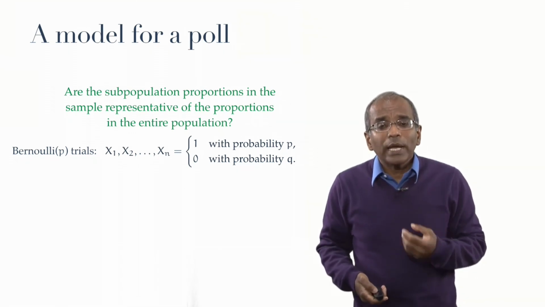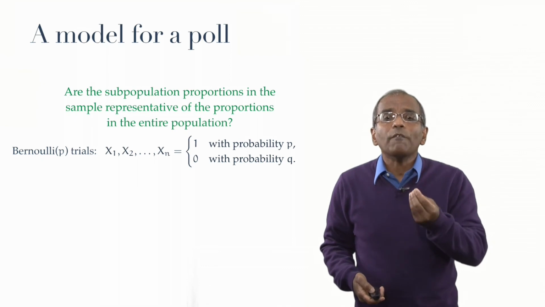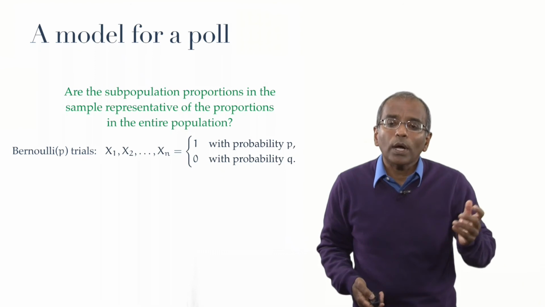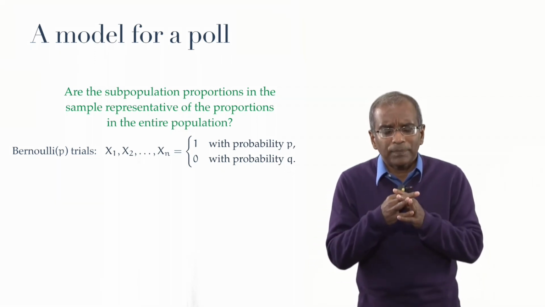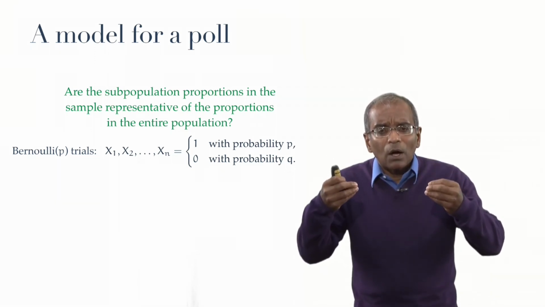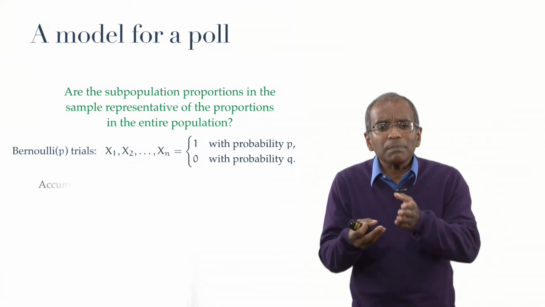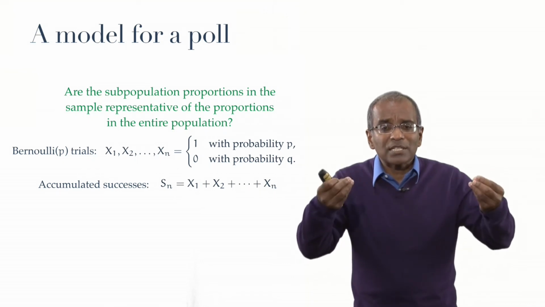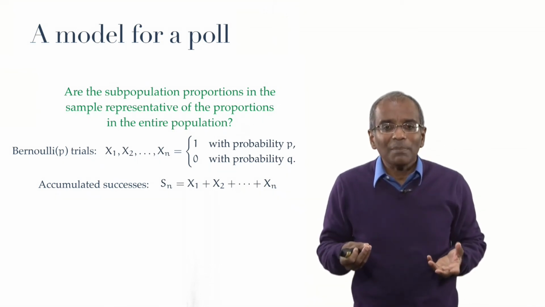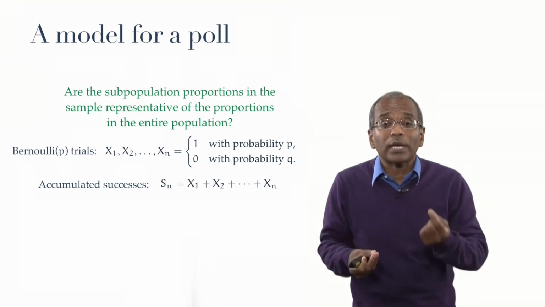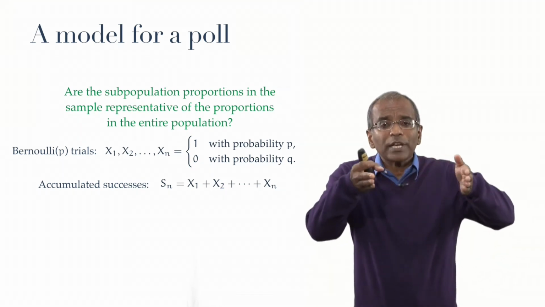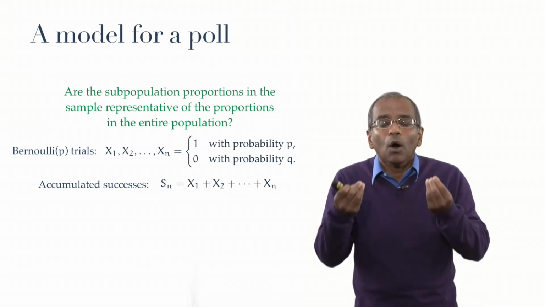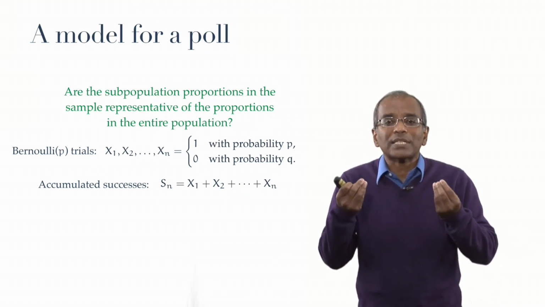Out of this, we abstract first the number of elements in the poll, in the sample, of type 1. Let's give it a name. The number of elements of type 1 can be obtained by simply adding the x's from left to right. Of course, every time an x is a 0, it has no contribution to the sum, and when an x is 1, it gives you exactly 1 to the sum, and therefore the sum of x1 through xn will be exactly representative of the number of ones or the number of successes.